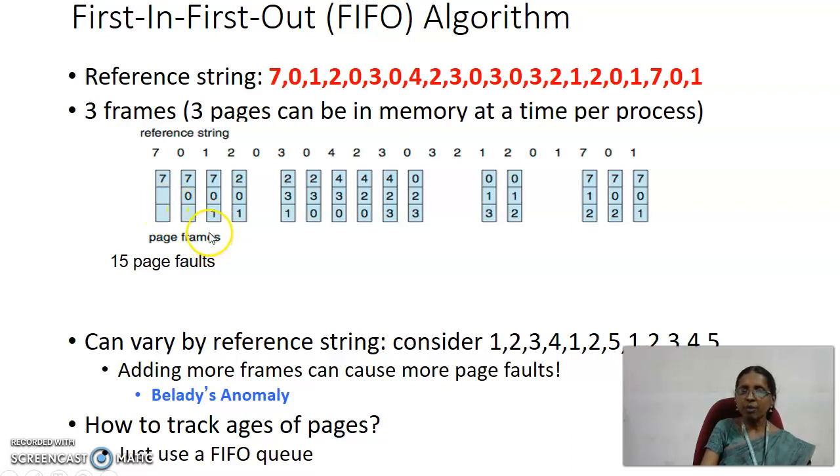But in some situations that is not the case. If you increase the number of page frames, the number of page faults still increases. This is called Belady's anomaly. Consider this string: 1, 2, 3, 4, 1, 2, 5, 1, 2, 3, 4, 5. For this string, Belady's anomaly will happen. Analyze this graph.